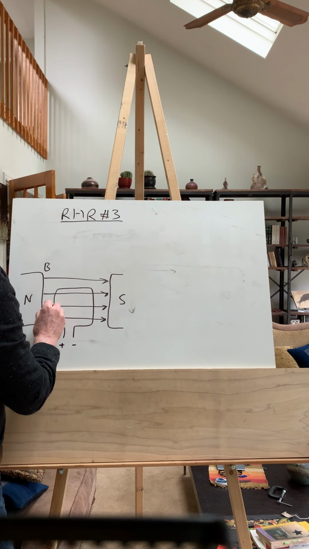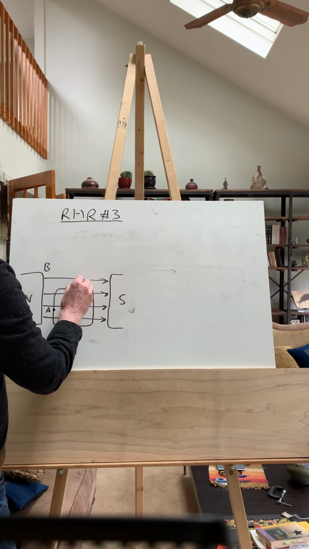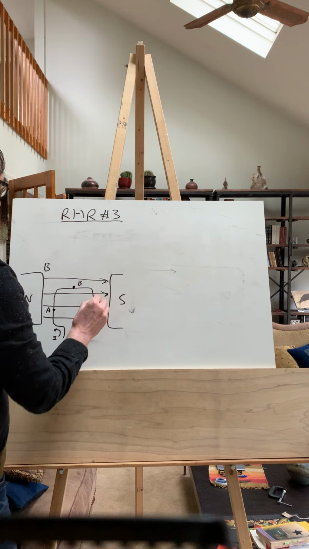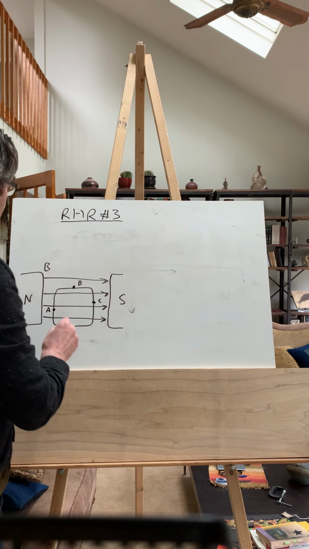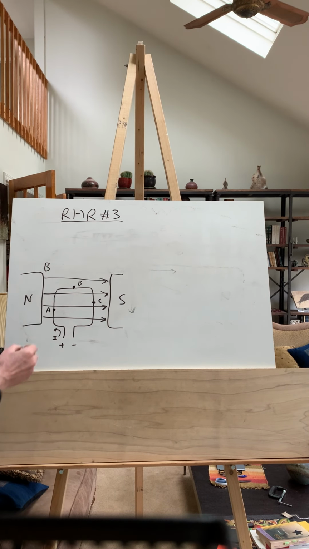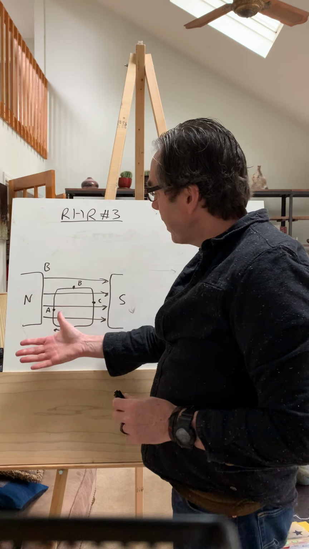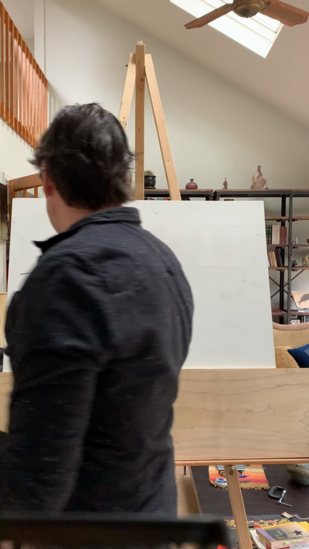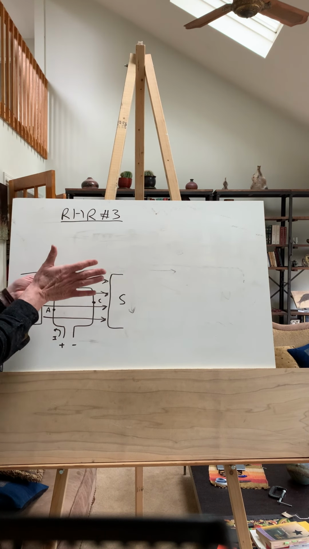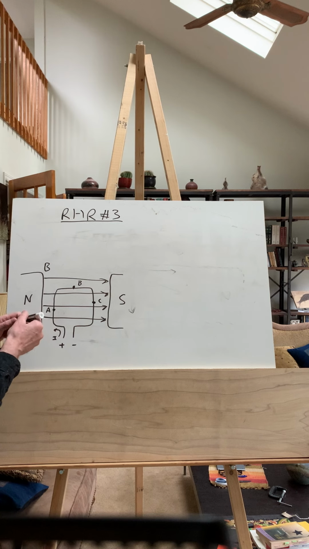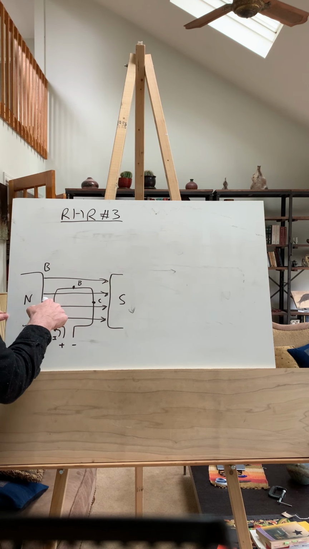Let's mark 3 points, A, B, and C. We can see at A the current's going to be going up, right, just following along. And we apply our right-hand rule, which says that if you put your thumb in the direction of the current, your fingers in the direction of the field, the force comes out of your palm, which means this part of the wire is being pushed down into the board.